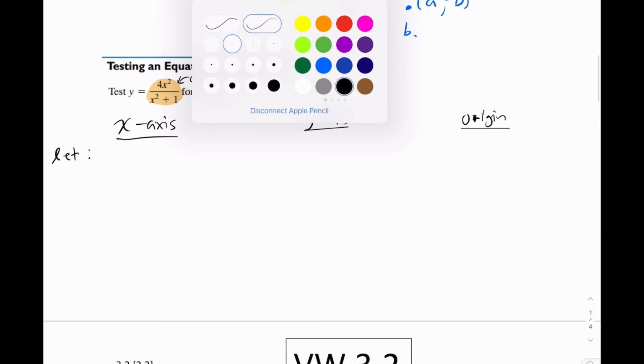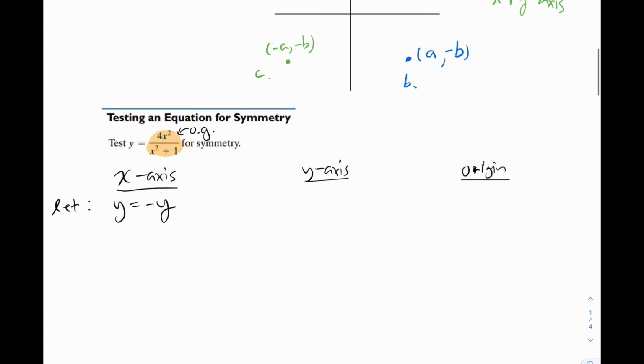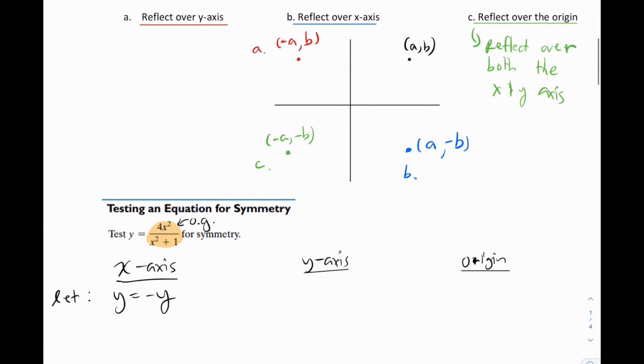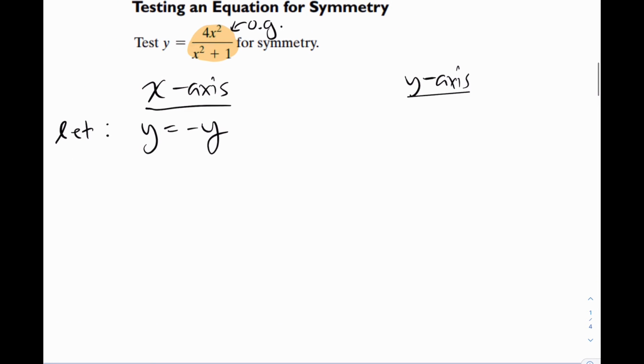So the x-axis symmetry test, what you do is you simply let y equal negative y. Now, if you think about it, let's look back up here. If we're testing for x-axis symmetry, that was part B, if the y value negates, notice how the x value shouldn't change if you have x-axis symmetry. So what we do is we're going to plug in negative y for the y value and see if the function changes.